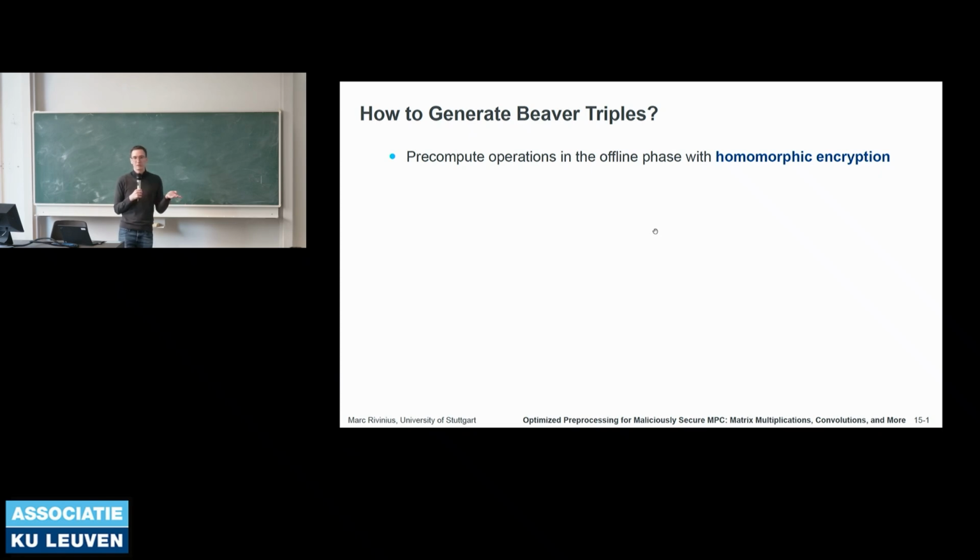Every party chooses basically a random number, and you do a convolution or a matrix product on these random numbers, and you have some small protocols around how you get from one homomorphically encrypted product to shares of random numbers.